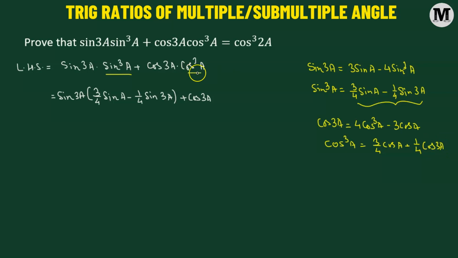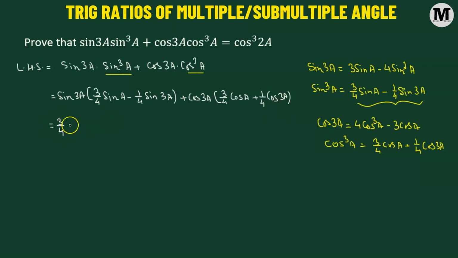So we will replace this cosine cube a with 3 over 4 times cosine of angle a added to 1 over 4 times cosine of angle 3a. Okay, so now let's distribute.